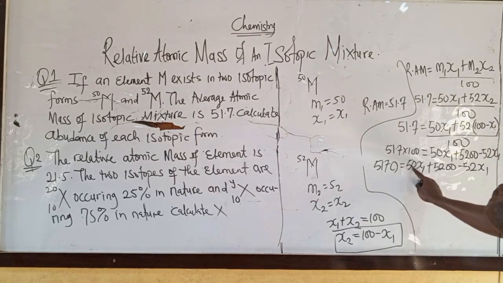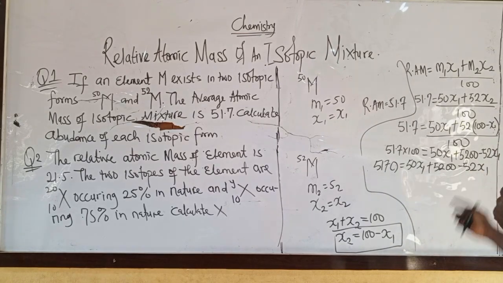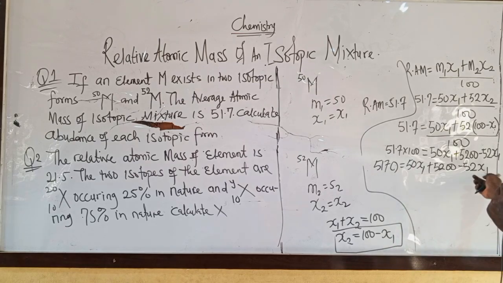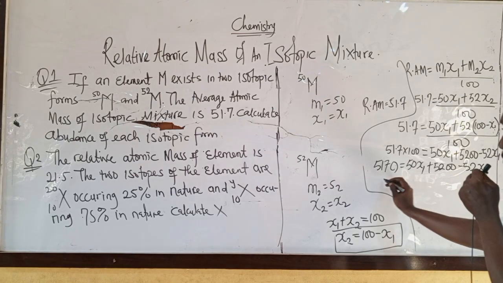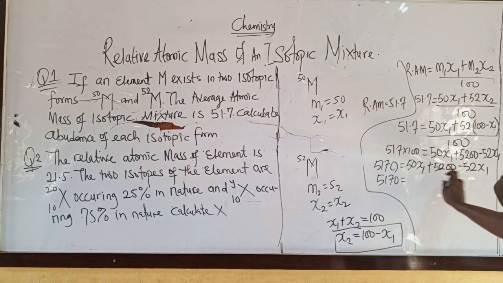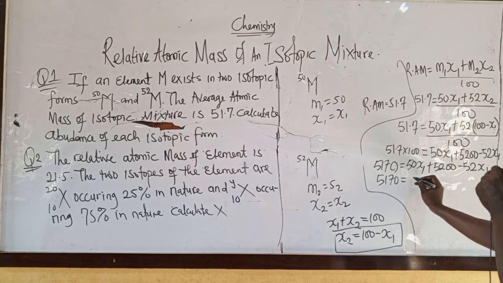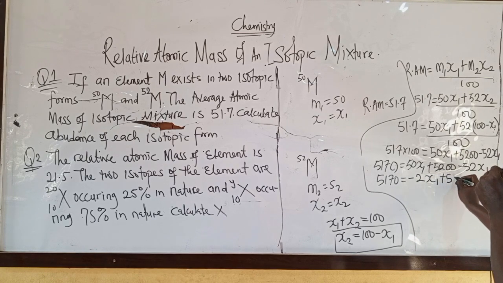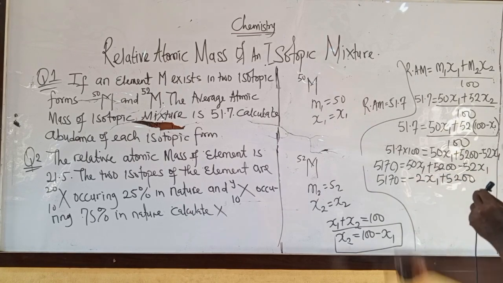What will I do? 50x1 minus 52x1. Collect the like terms. That means I will have 5,170 equal to 50x1 minus 52x1, which will give you minus 2x1, plus 5,200. This one move to that side.